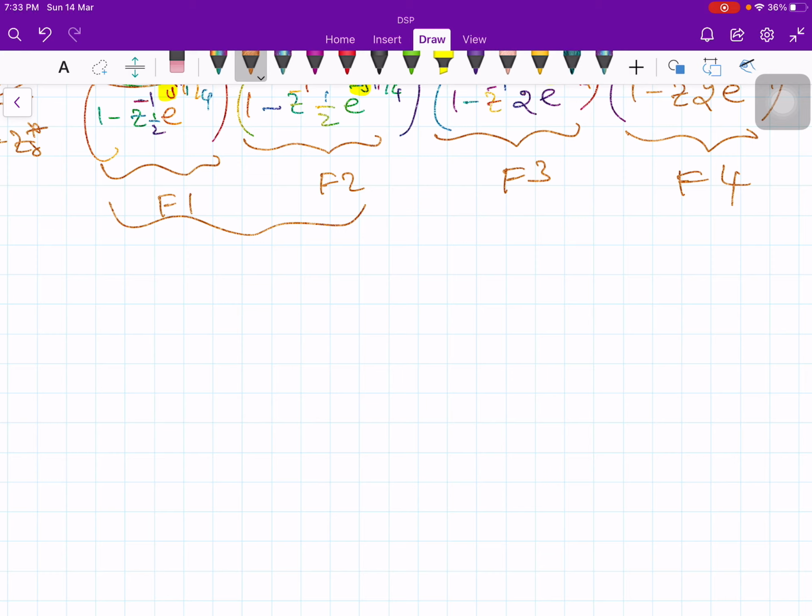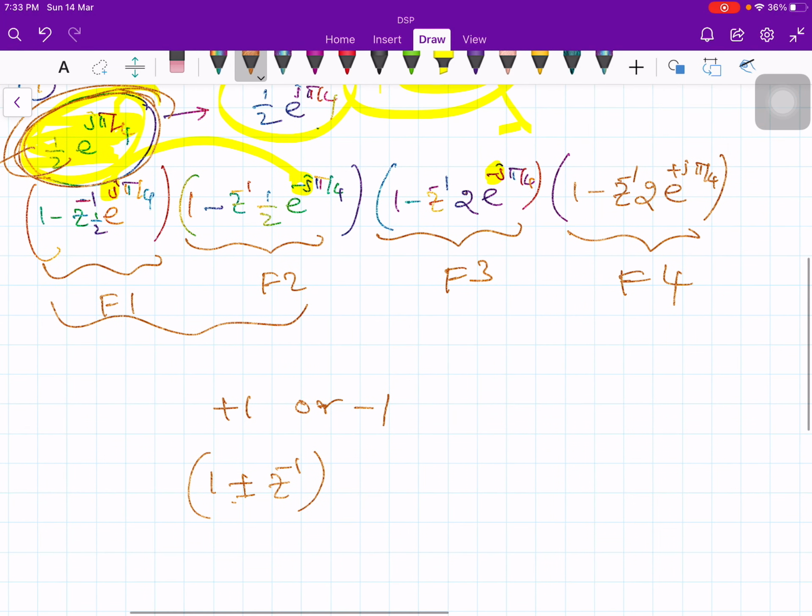What occurs singly? Either plus 1 occurs or minus 1 occurs, and therefore you have two choices. Either you can append 1 plus z inverse, or you can append 1 minus z inverse.